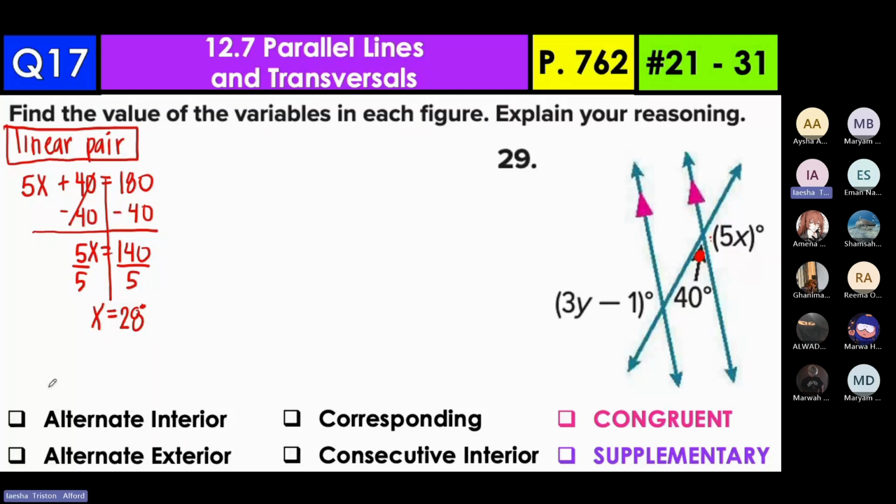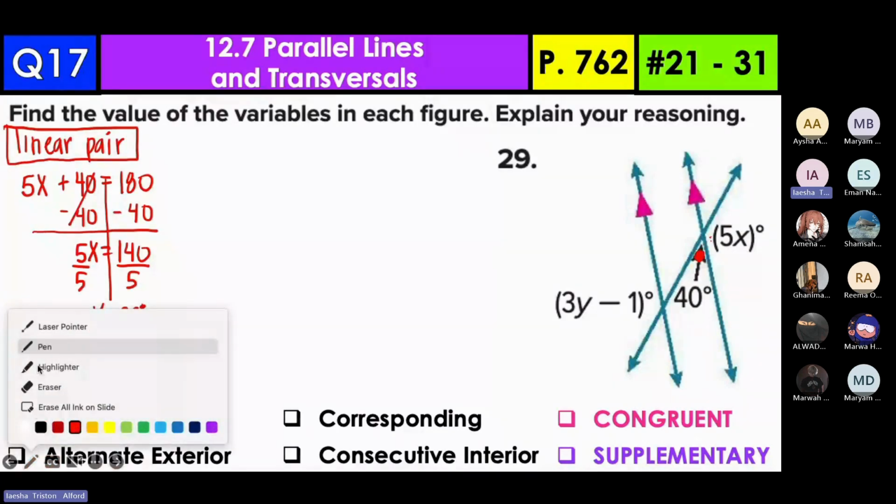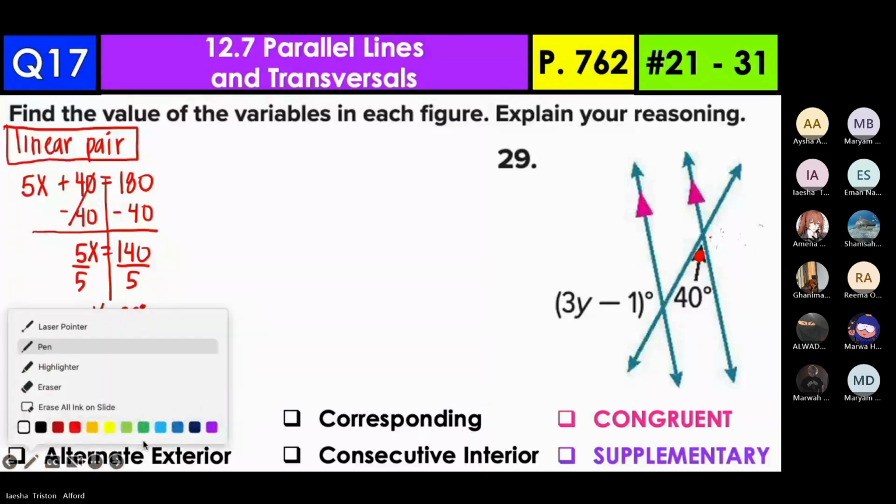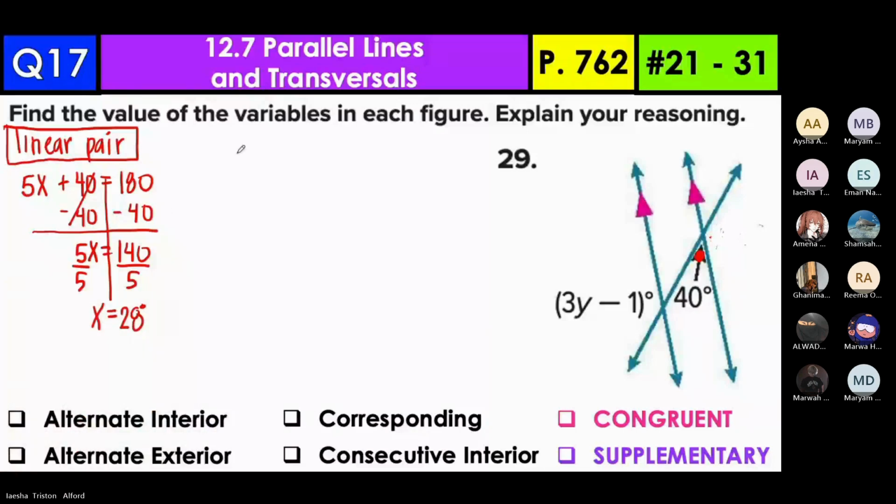Now, if we want to find y, we can't keep this 5x here. We need to change it to see what number should be in this place. So how do we see what number should be here? I don't want 5x, that is not the measure. I want the measure. x is 28, so put 5 multiplied by 28.